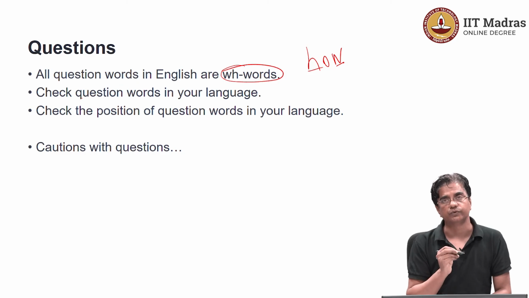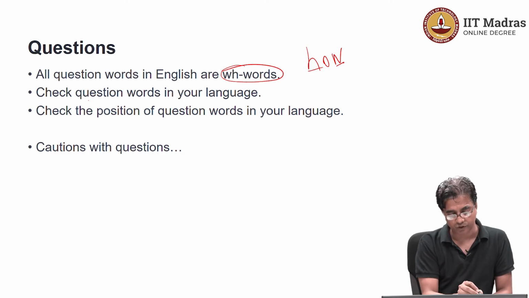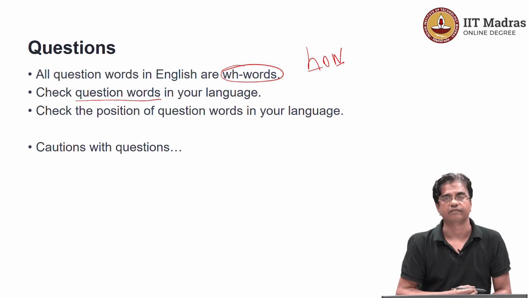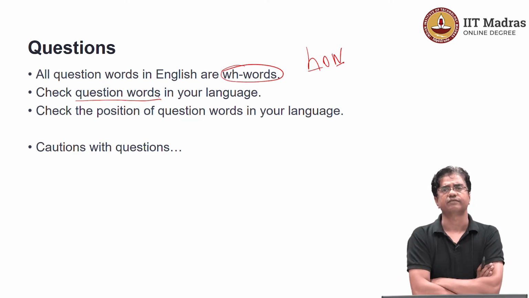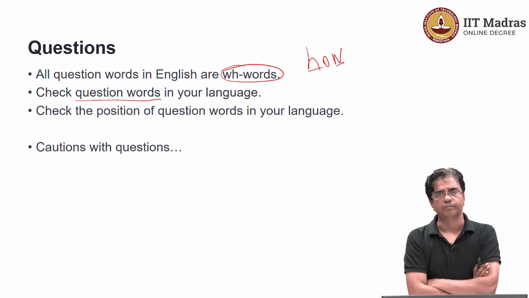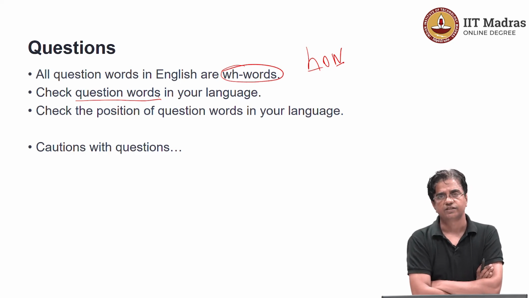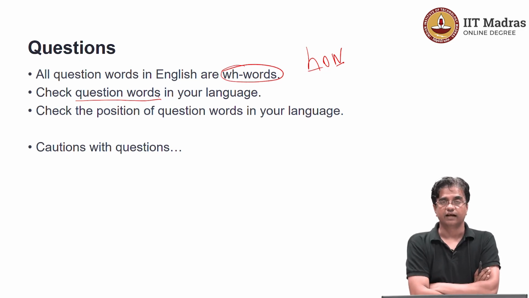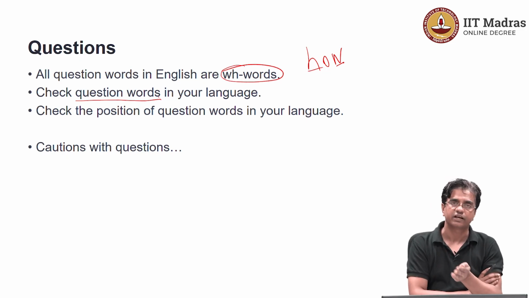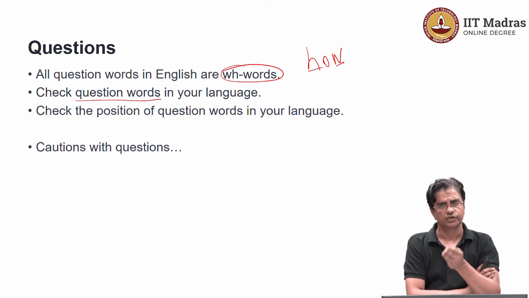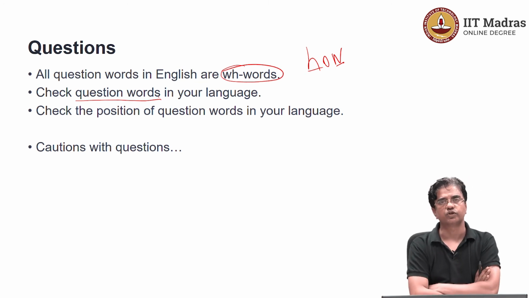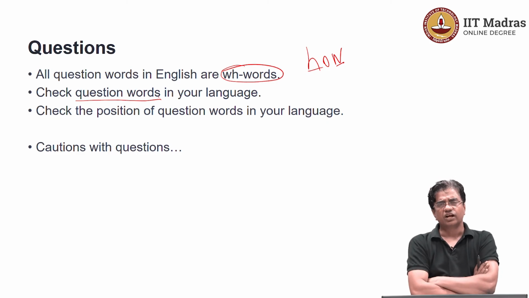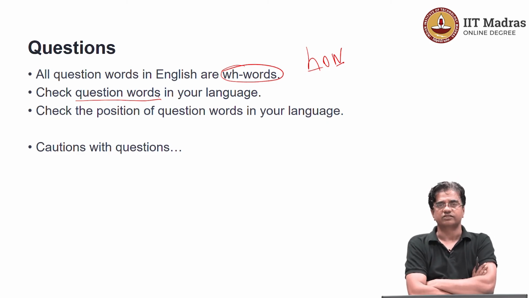I invite you to check question words in your language. As I said several times, all of us have one primary language. In your case, check this for yourself. I speak one language, and in Hindi, English is definitely not my primary language. So it's for you to decide what your primary language is, what is the language at home, what you consider as your native language, and check what the question words are in your language.